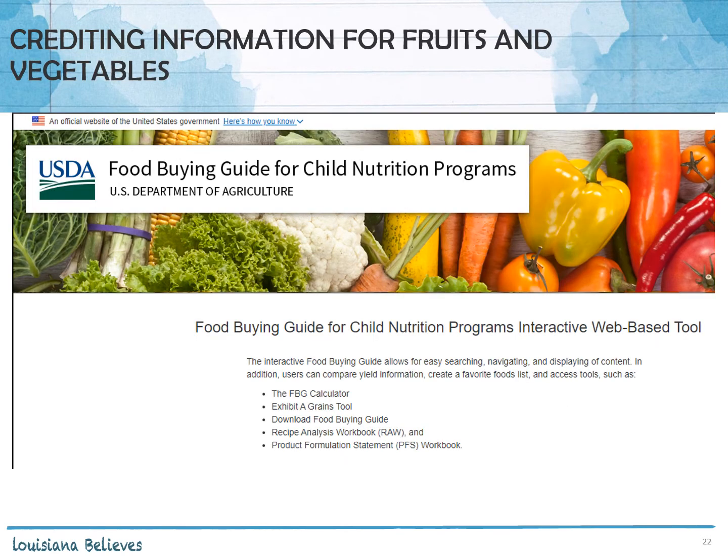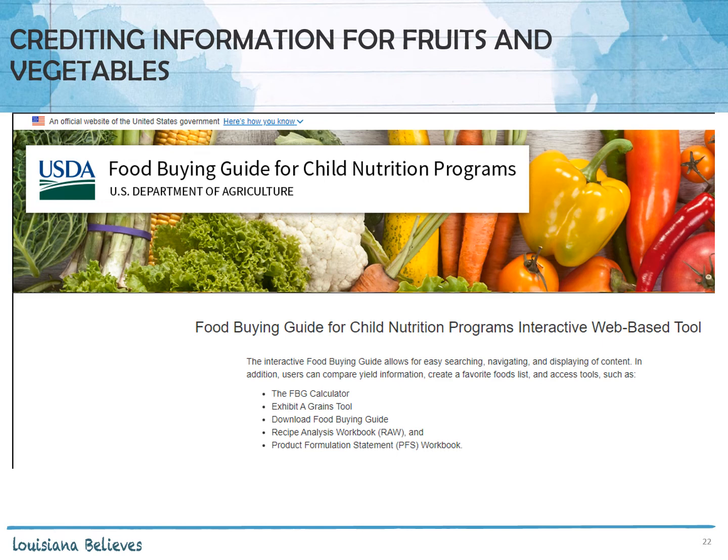Menu planners should use the USDA Food Buying Guide for Child Nutrition Programs to determine how to credit different items within their component groups. For example, how do you know how much of an orange to serve to provide half of a cup of fruit? One orange is not necessarily a half cup of fruit. It depends on the size of the fruit.